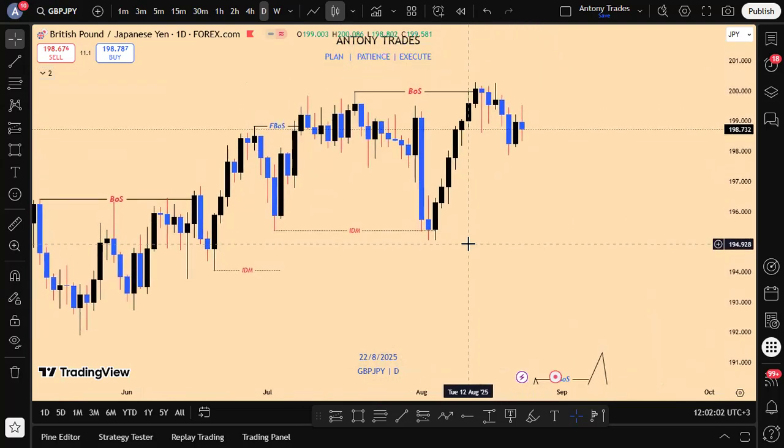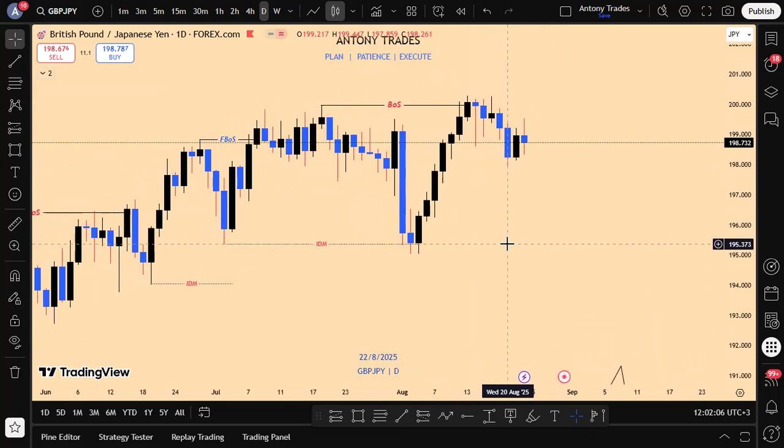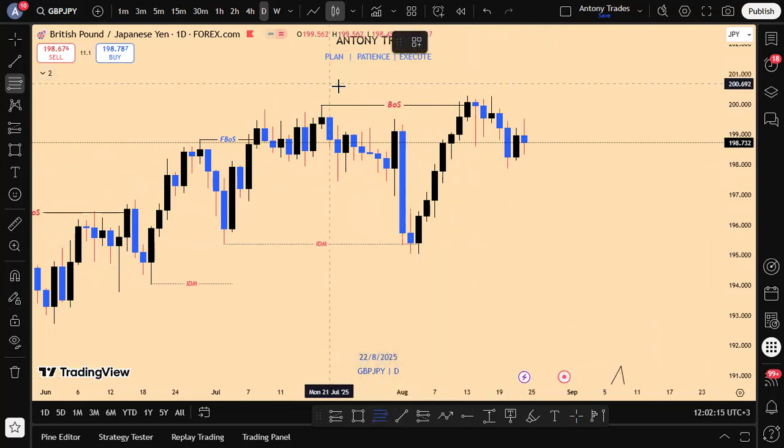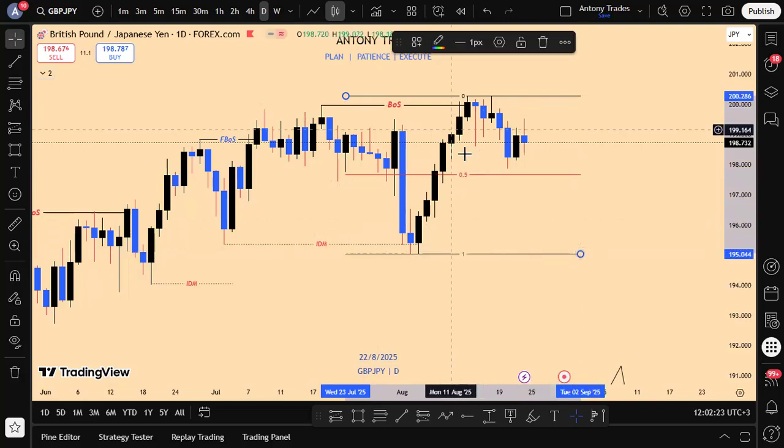I'm getting the point. So now let's go to the next step whereby we are going to mark our POIs. What are our POIs? So first of all, I like to pick my Fibonacci tool, place it from the swing high to the swing low, like this.